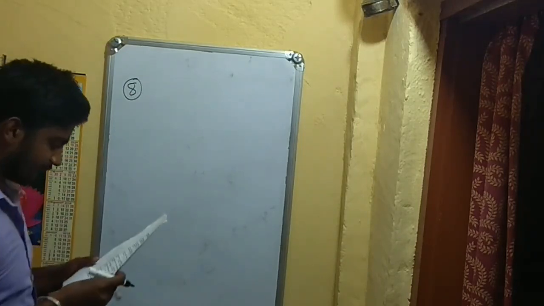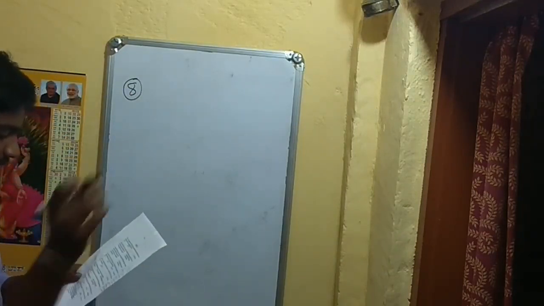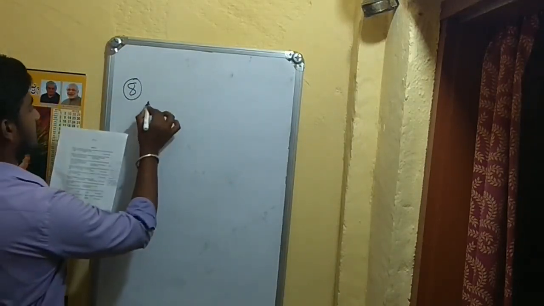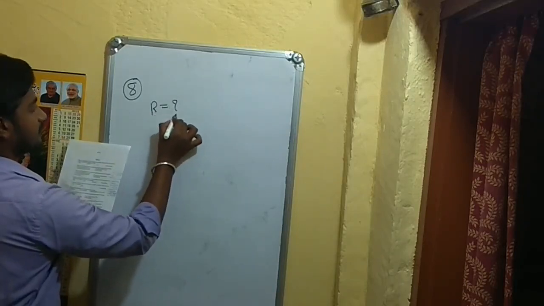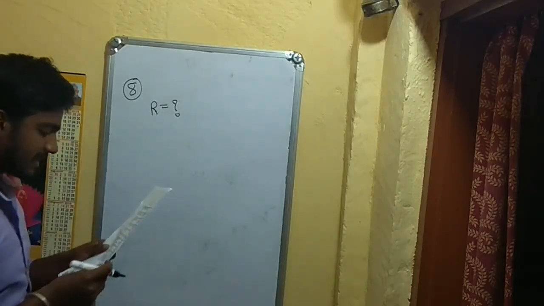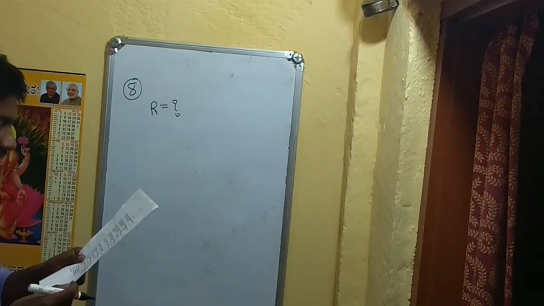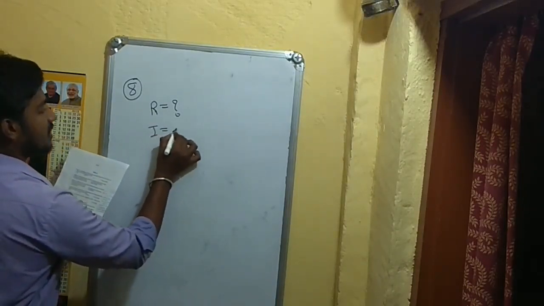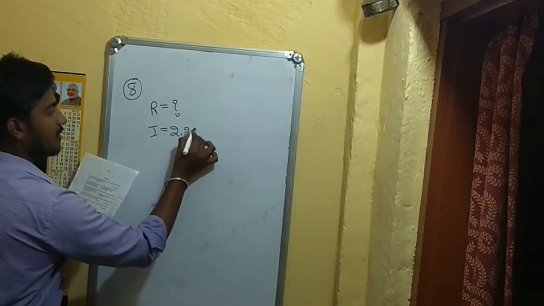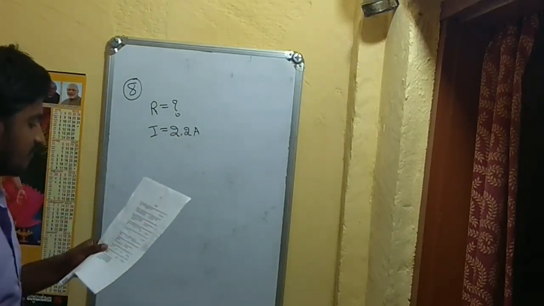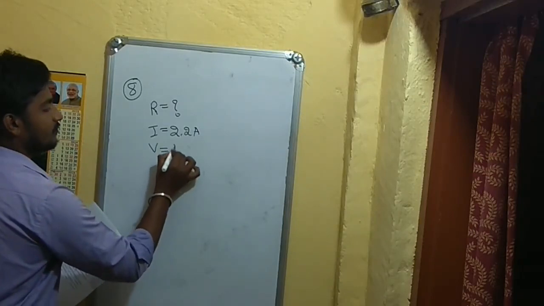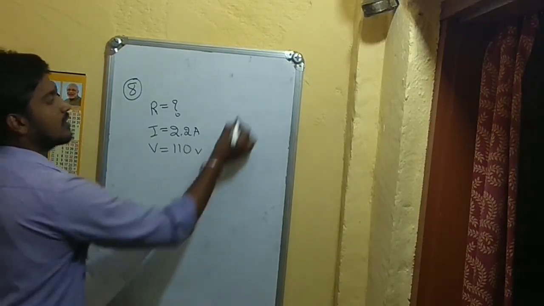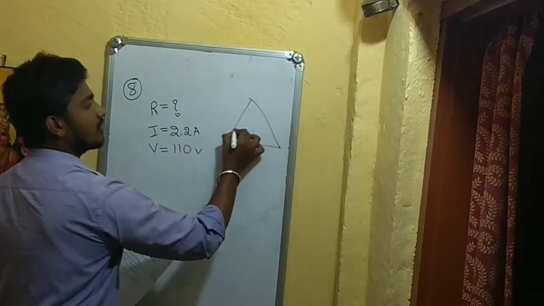What is the resistance of the heating element of an electric oven if it draws 2.2 amps from 110 volt? So Ohm's law also has a simple trick.